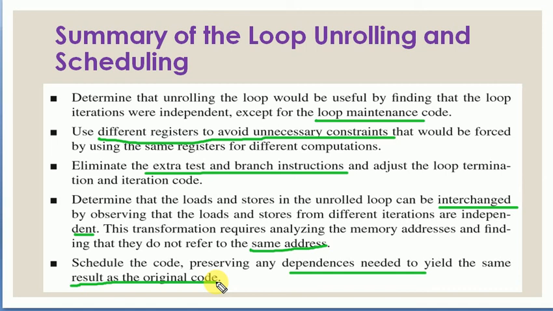Similarly, for reducing the number of clock cycles, several processors use loop unrolling along with scheduling, and this mechanism is usually referred to as a compiler technique used for increasing the performance of the system by improving instruction level parallelism.